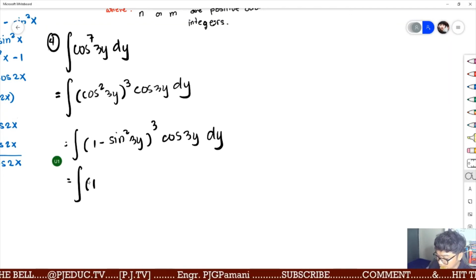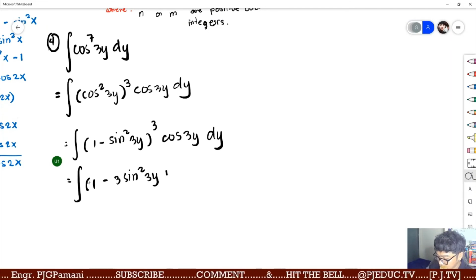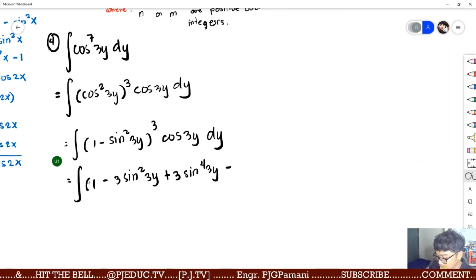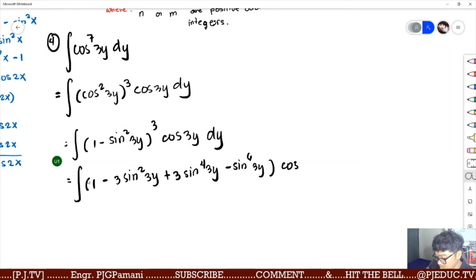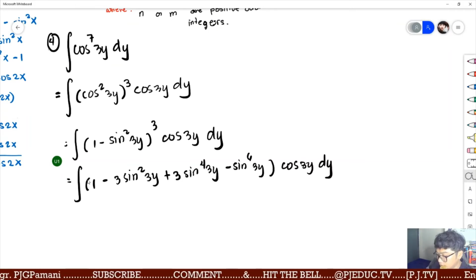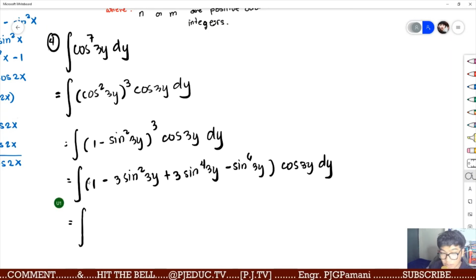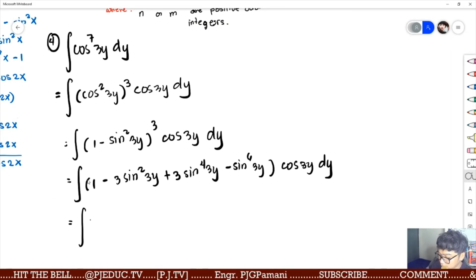That is 1 minus 3 sine squared 3y plus 3 sine to the 4th 3y minus sine to the 6th 3y times cosine 3y dy. Distribute ulit natin within the parenthesis yung ating cosine 3y.